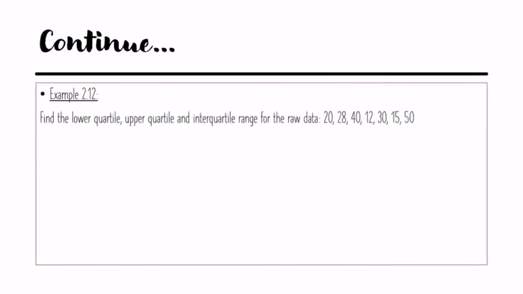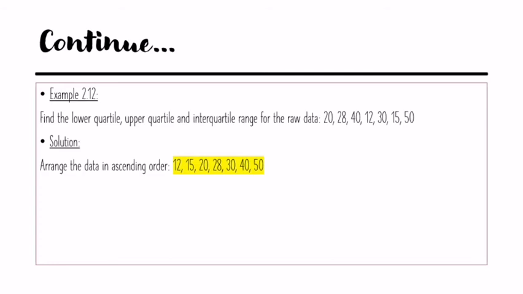So continue. Let's say example 2.12. Find the lower quartile, upper quartile, and interquartile range for the raw data. So you have 20, 28, 40, 12, 30, 15, and 50. You have to rearrange the data in ascending order first.